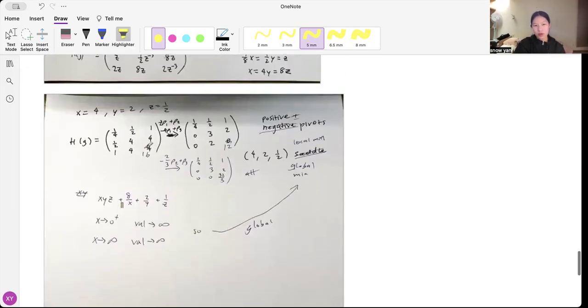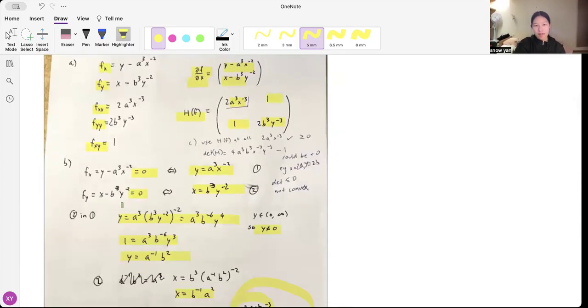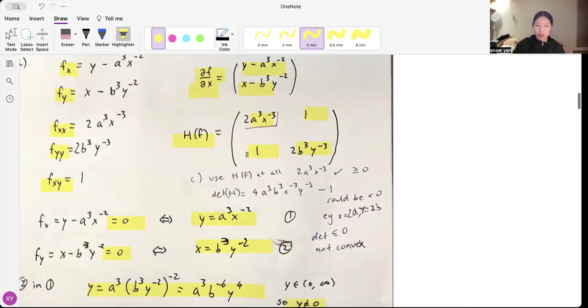I didn't include work inside here, but the idea is basically, oh yeah, I do have it here, part C. I use what is called the Hessian of f. Then I have my determinant, and I'm checking the first element of it. This one is definitely satisfied in the first minor because it's just this value, which is positive and greater than or equal to zero. So that works out.